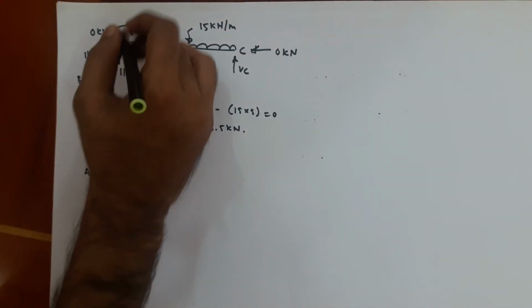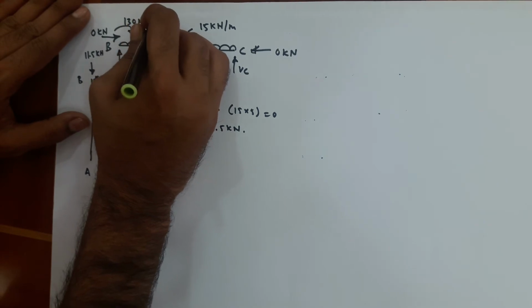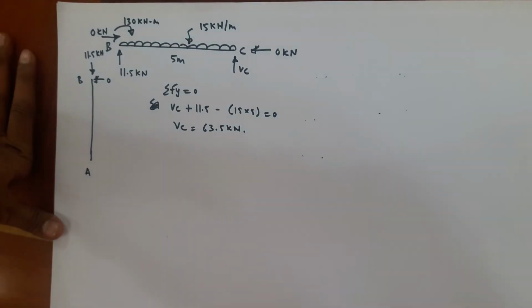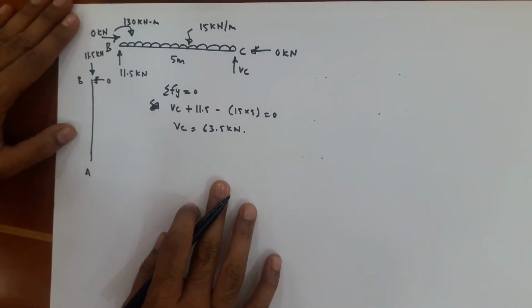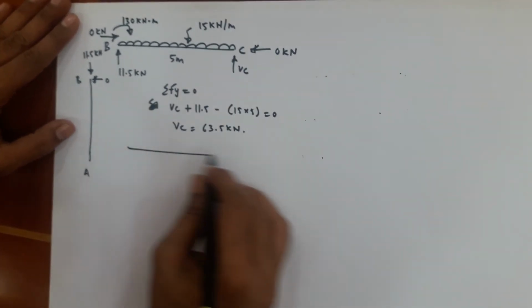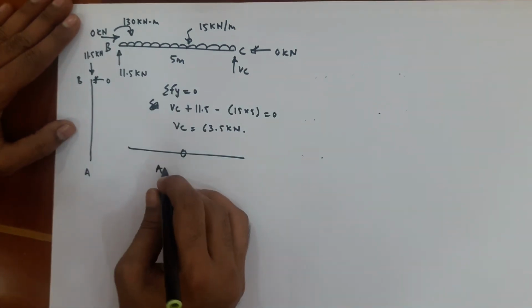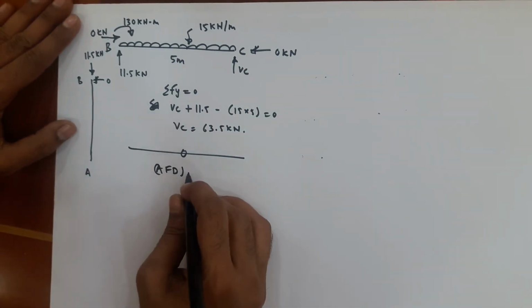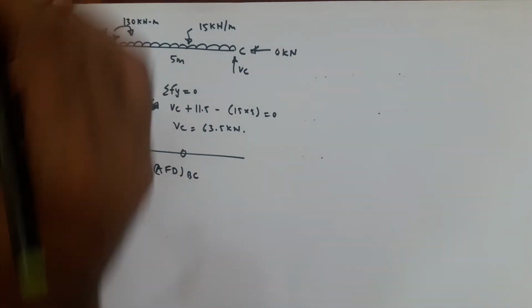Show here clockwise, 130 kilonewton meter. Now see here, the axial force diagram is 0 because you have 0 kilonewton. AFD for member BC. Okay, what about the shear force? You have to calculate.